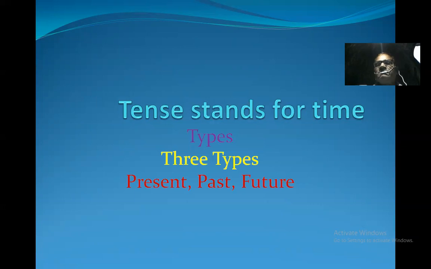Tense is often a buzzword among school students and people who are learning English, because they want to learn English with the help of tenses. Up to some extent, as a learner, tenses will be useful to us.